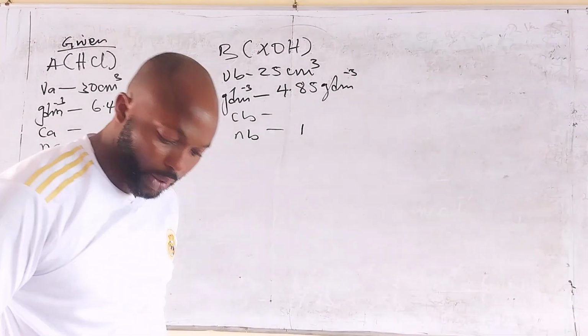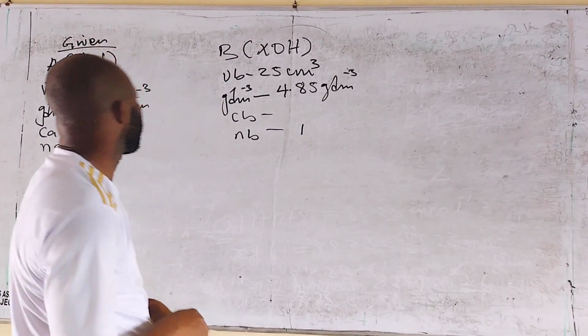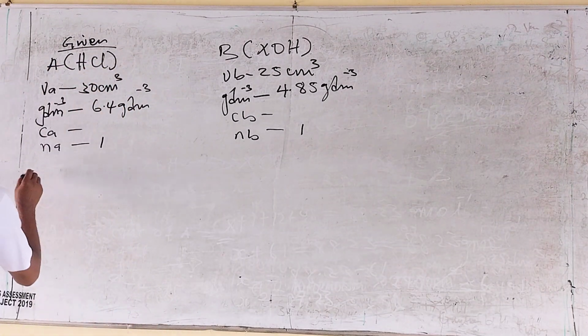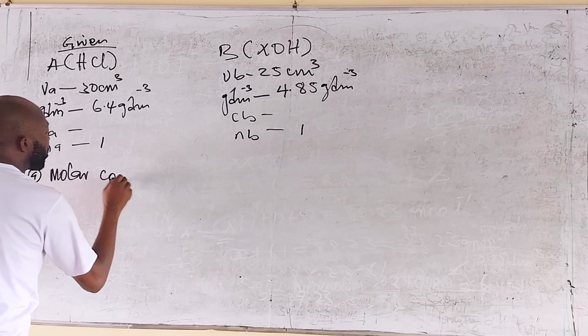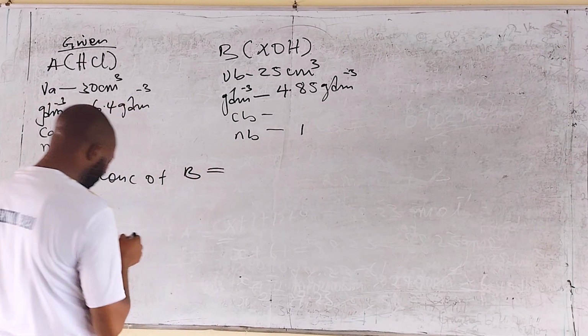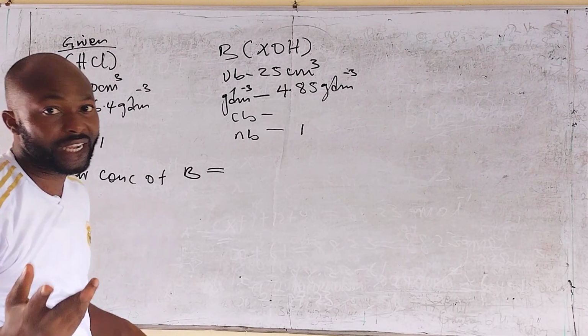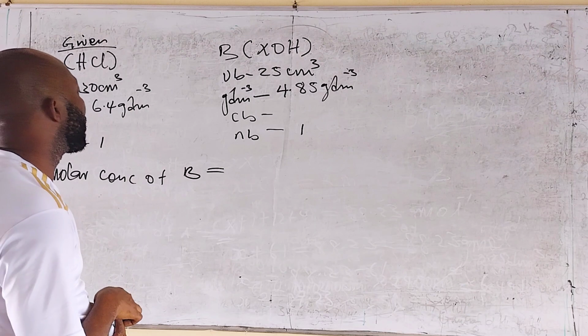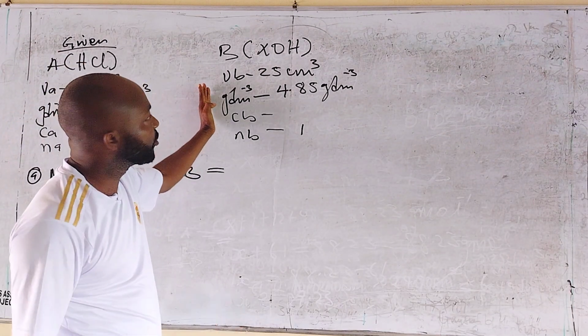They say we should calculate the molar concentration of the base B. Remember, there are two formulas. One is mass concentration, which is given, over the relative molecular mass.